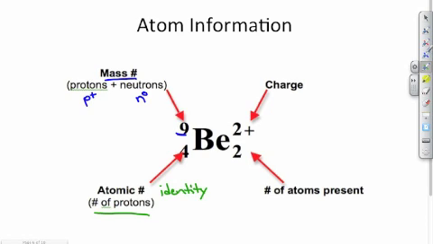So I'm going to go ahead and do that real quick. I have a mass number of 9, and I subtract atomic number of 4, and I get 5 neutrons. So this beryllium atom has 4 protons and 5 neutrons, and I get that just from these two numbers right here.